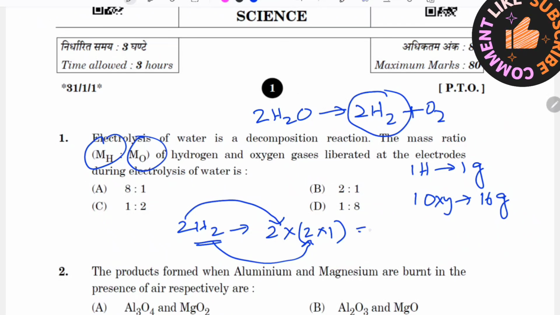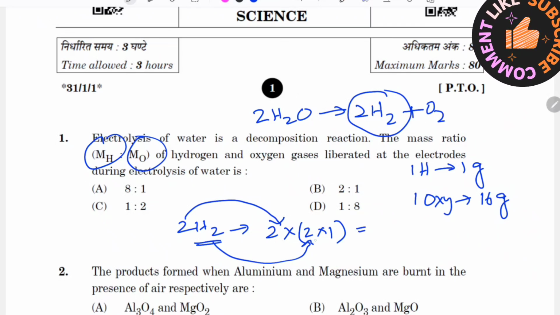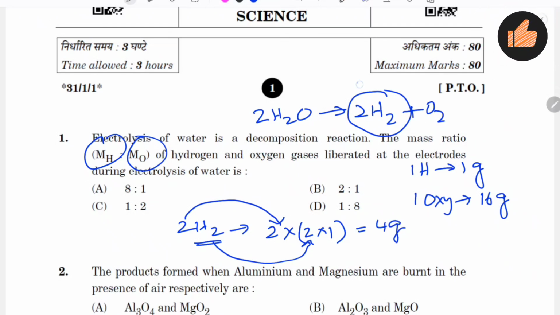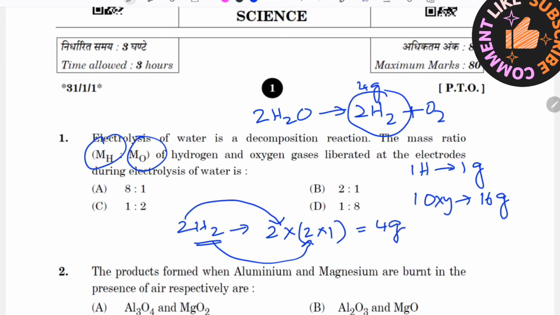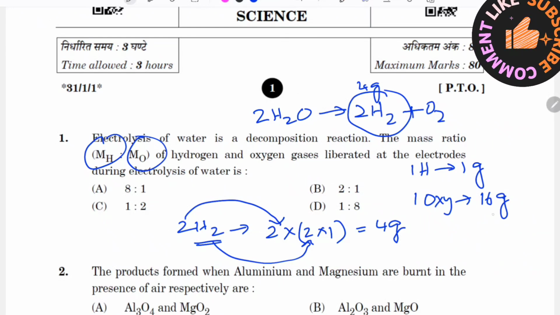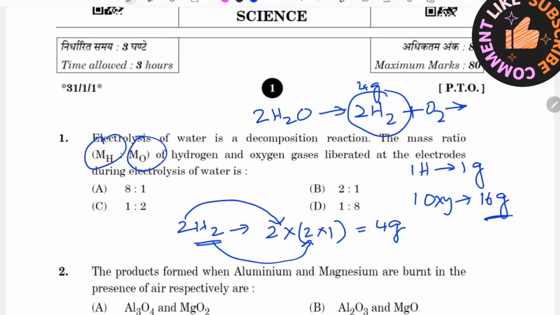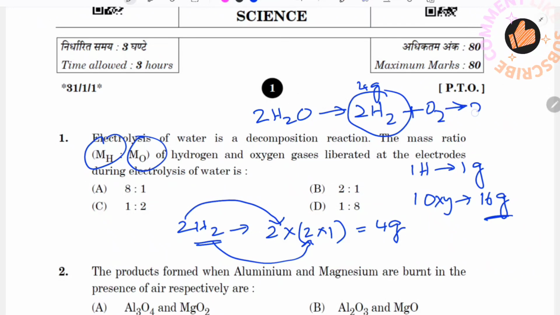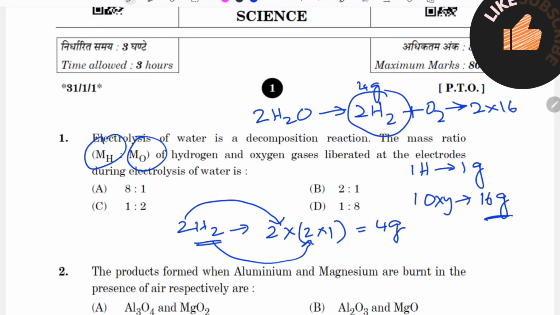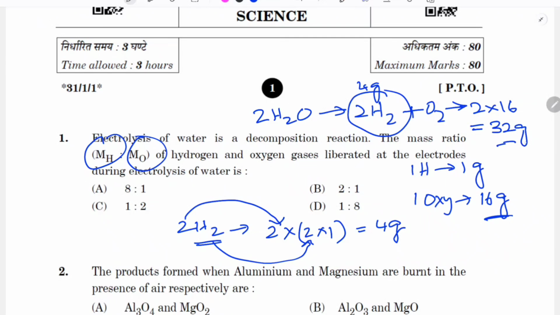What is the mass here for 2H2 in the reaction? 2 multiplied by 2, that is 4 grams. What about oxygen? For one oxygen atom, it is 16 grams. Here you have 2 oxygen atoms, so 2 multiplied by 16, that is equal to 32 grams.